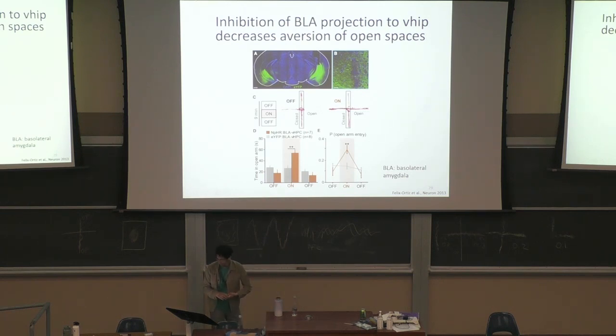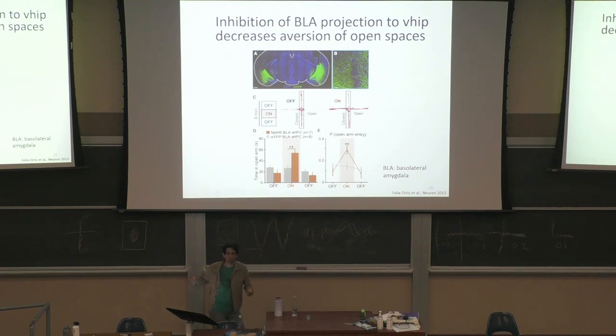And here they showed that if you optogenetically inhibit the projection from basolateral amygdala to ventral hippocampus, it also decreases anxiety. The mouse goes more into the open arms if you inhibit this projection.